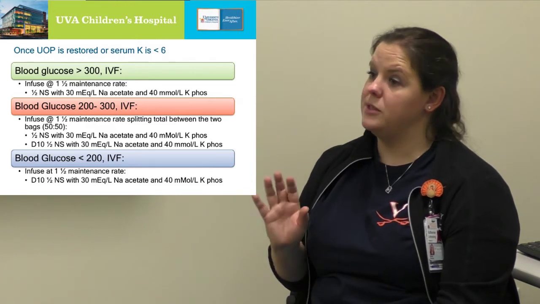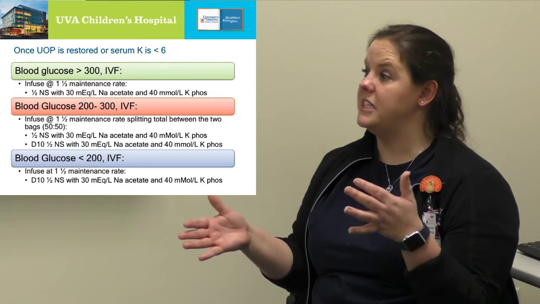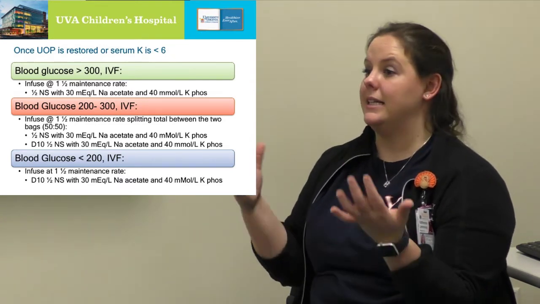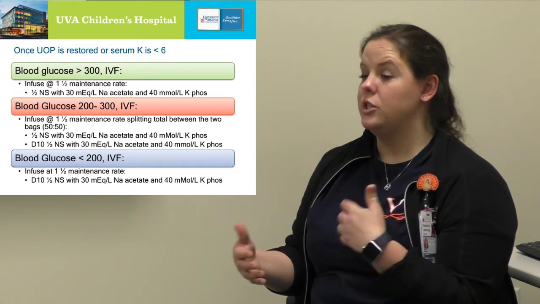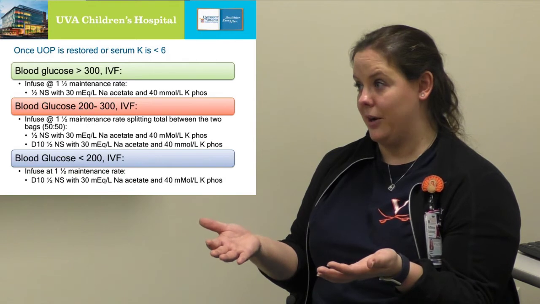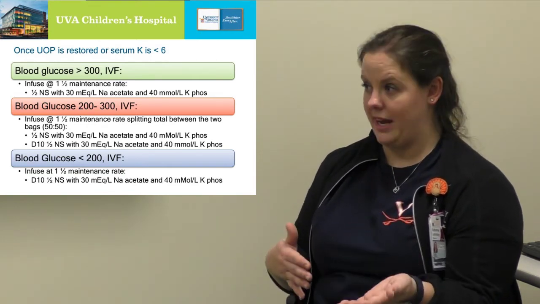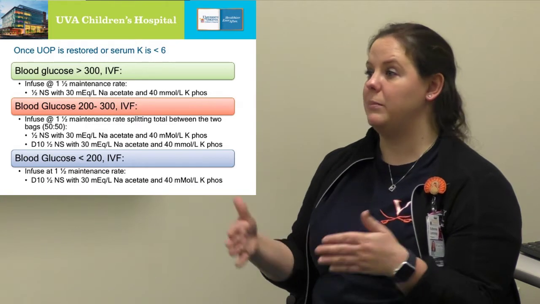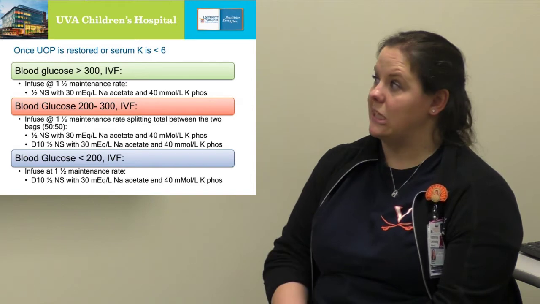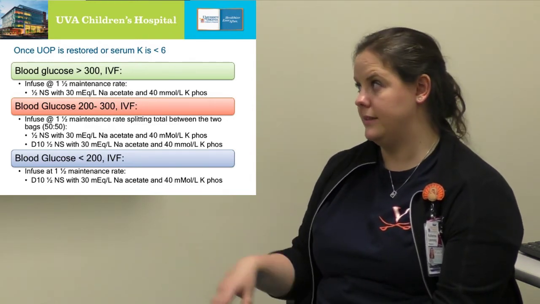If your blood glucose is between 200 and 300, you're going to have a 50-50 split between the non-dextrose containing fluids and the dextrose containing fluids. So in the case of our patient, 105 mLs an hour is 1.5 times maintenance, so it's going to be 52.5 mLs split between the 2 fluids. And of course, if your blood glucose is less than 200, you're going to infuse only the dextrose containing fluids.